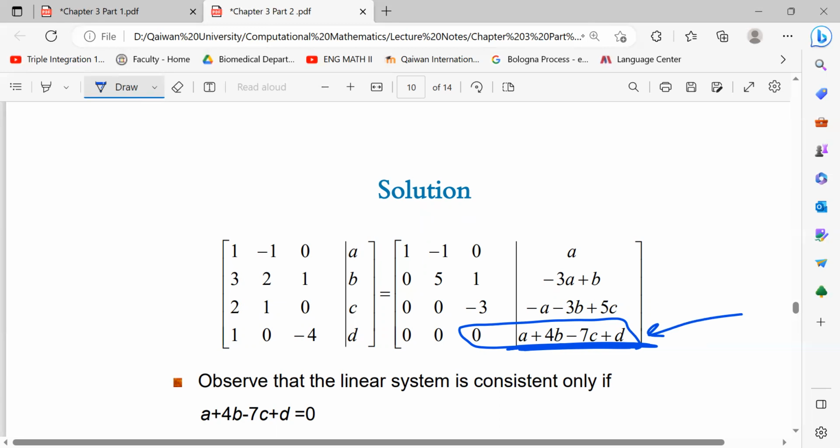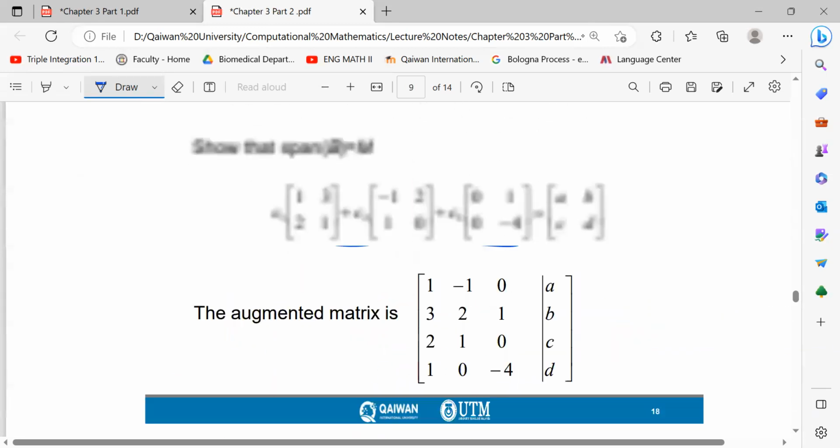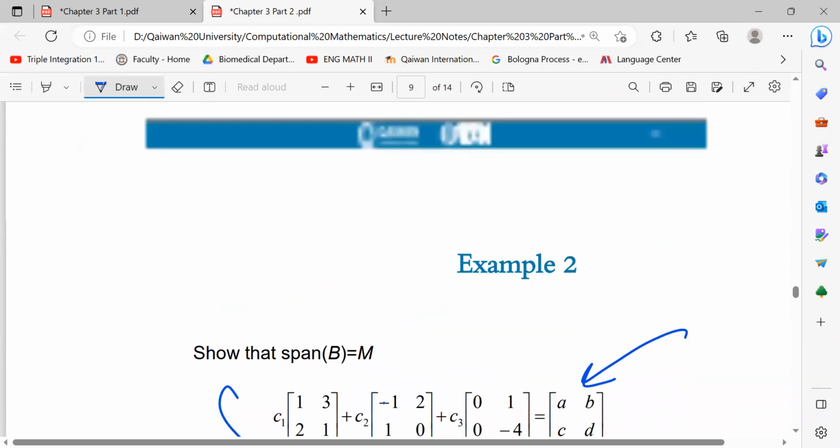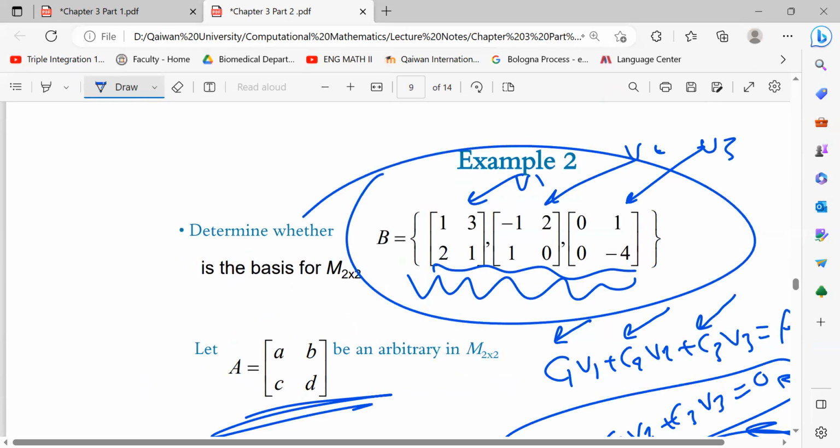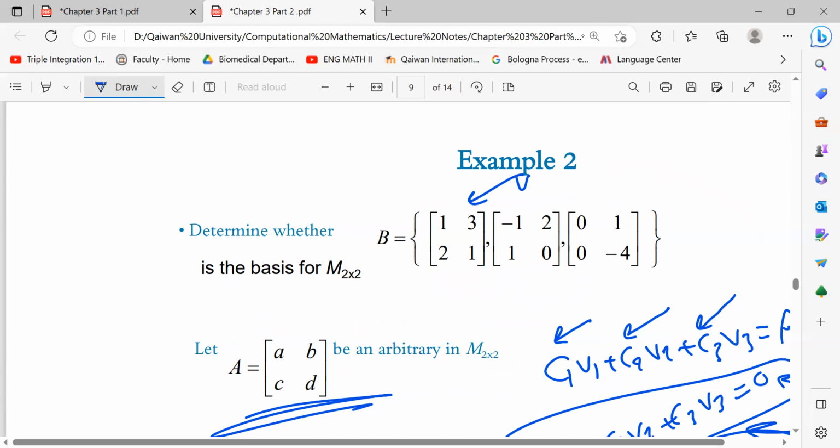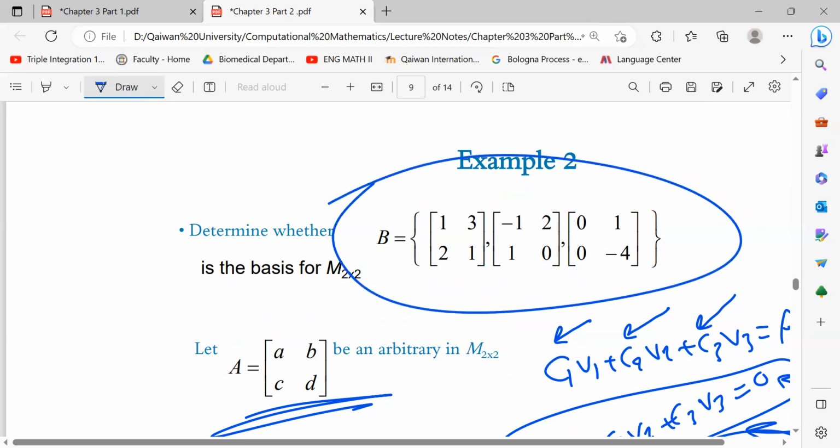So these three matrices are not span M22. They are not span M22, because we couldn't write down A as the linear combination of these. So these three don't span M22.